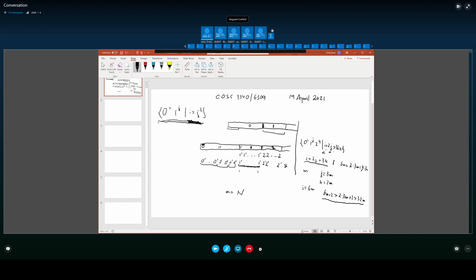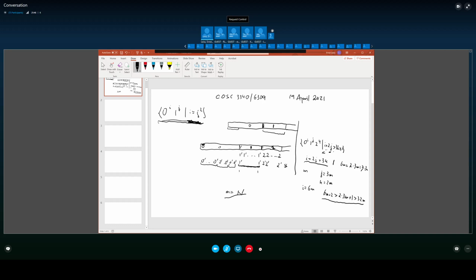And then by taking that quantity little m to be the capital N, which is the constant of the pumping lemma, gives you a word that is long enough that satisfies all the requirements of the pumping lemma, and then you can do the pumping.